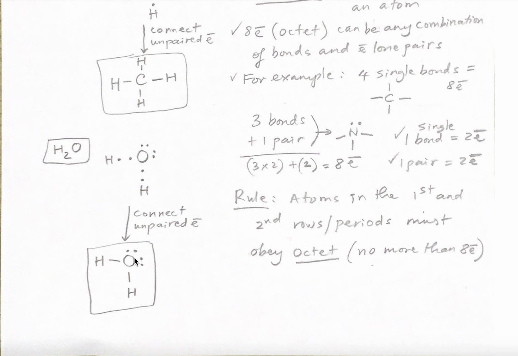You can change them to be on the lower left side if you want to, but don't put one on top, one on the bottom, and then bonds on left and right. That looks pretty symmetrical, but that's not the actual shape of the water molecule. So if you do it right, it makes it a lot easier for you to make that prediction of what the molecular geometry of a molecule is.